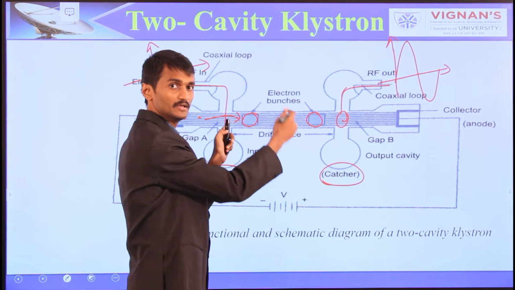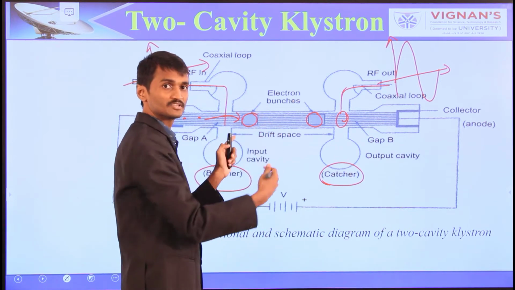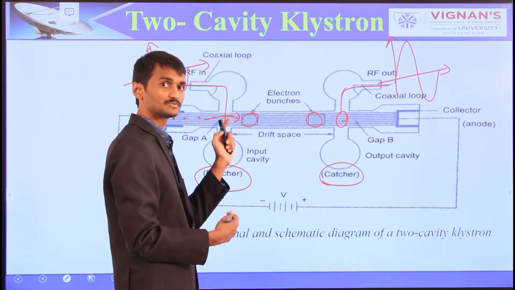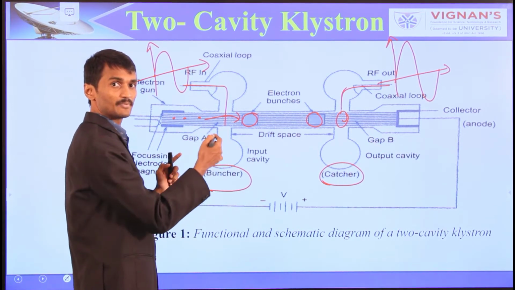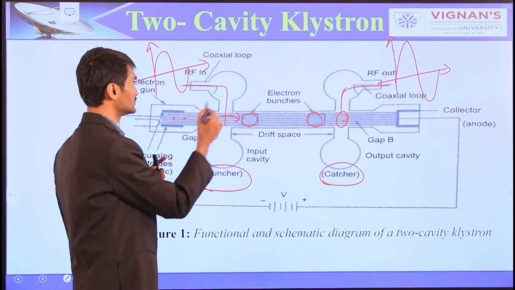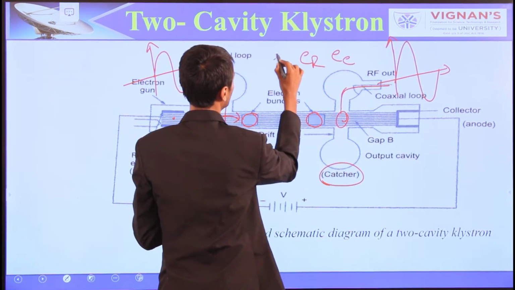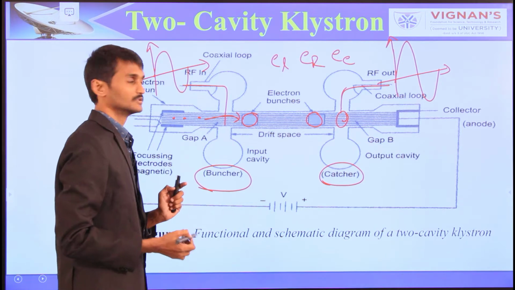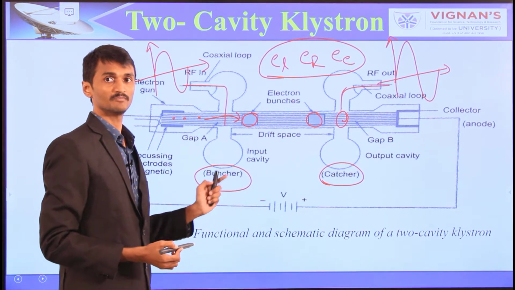That we have to find in this lecture, as well as study the bunching process. Already we have learned in the operation of the two-cavity klystron amplifier that there we have the reference electron, early electron and late electron, right? With these electrons we have to study the bunching process.